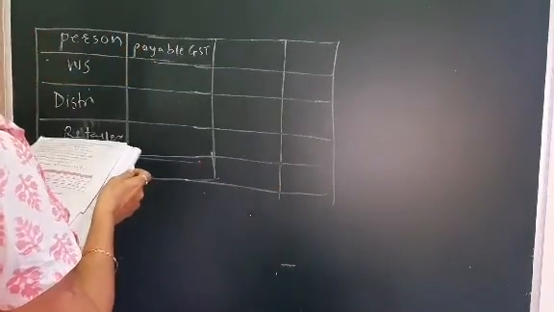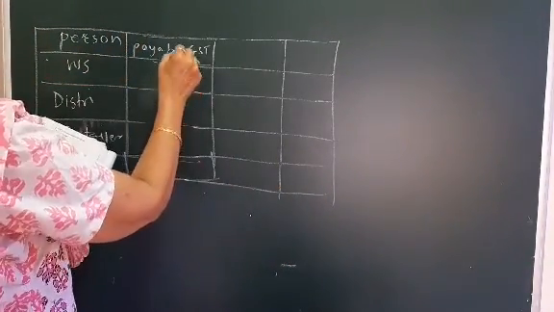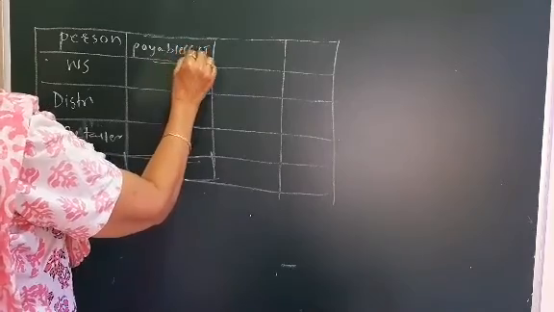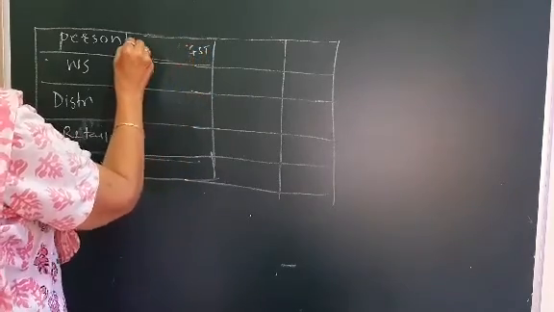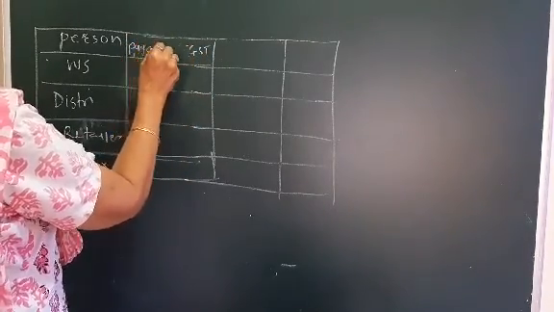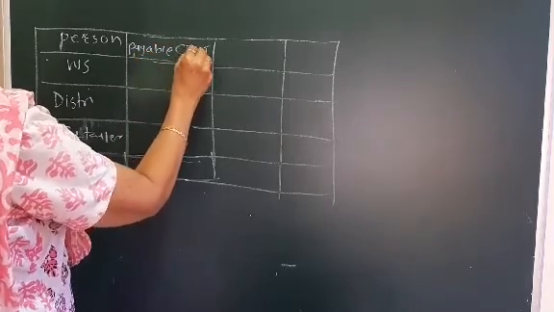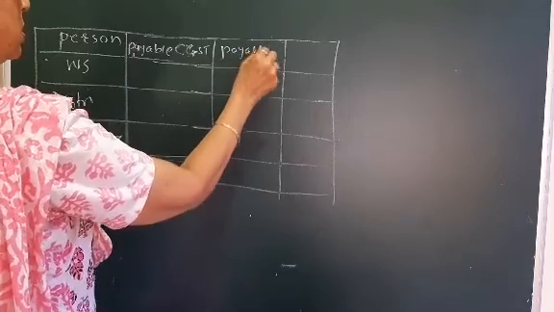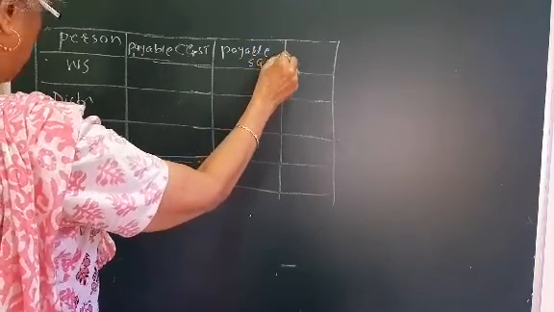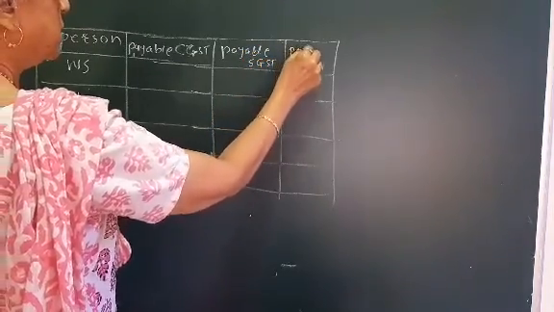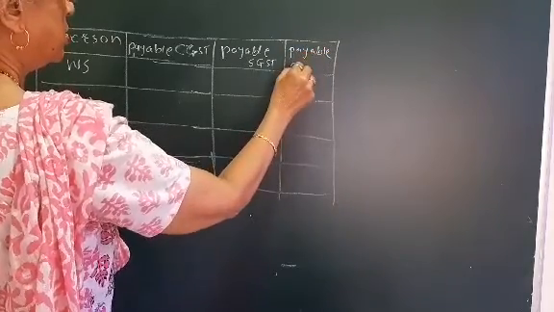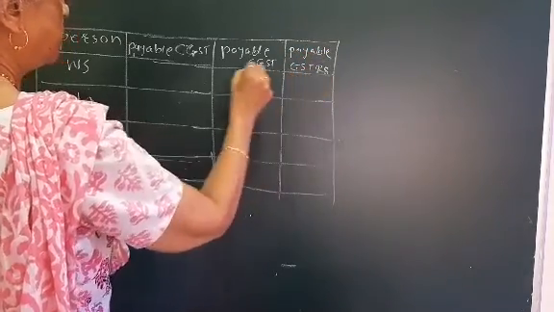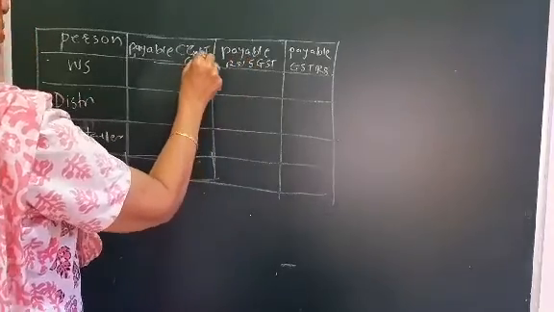So here payable CGST, then payable SGST and payable GST, in rupees. Alright.